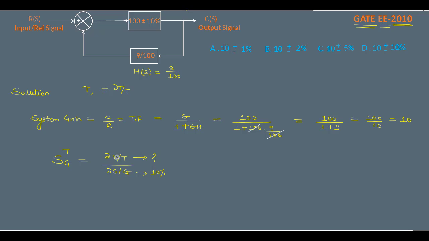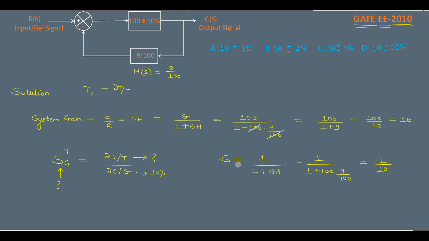In order to find dou T by T, we also have to find the sensitivity of this transfer function. And we know the sensitivity of a closed loop system is nothing but 1 upon 1 plus GH. So we have all the values and can substitute: 1 upon 1 plus G, which is 100, times H, which is 9 by 100. So we get the sensitivity as 1 upon 10.